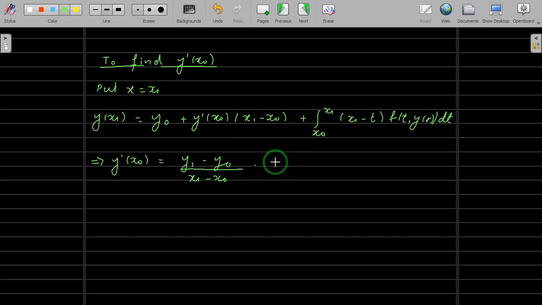Okay, it's correct. Shifting, and this you are again shifting that side, so minus, in the denominator term will be there 1 minus x naught, then this integral will be there to x1, x1 minus t, f of t, y of t.